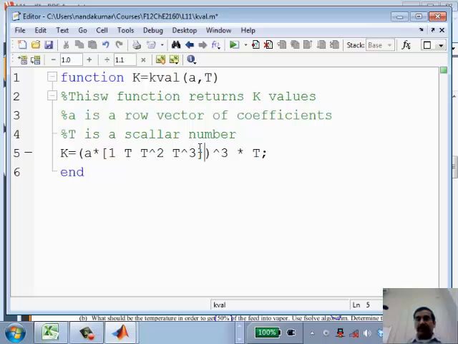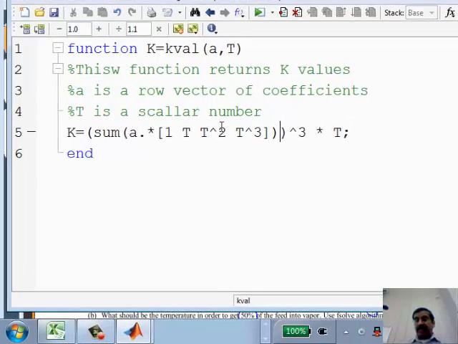But if you don't make this a column vector, and if you do this, then it will do an element by element multiplication, and it will return a vector of the same length as either A or T. Both of them should have the same number of elements. But it will return the product as a vector. Okay? And so I need to put a sum. They both will produce the same result. That's what I'm trying to tell you.